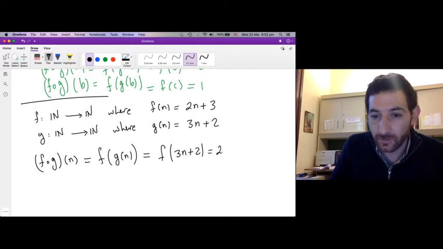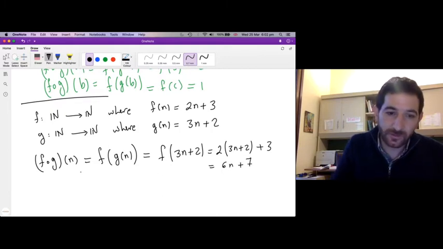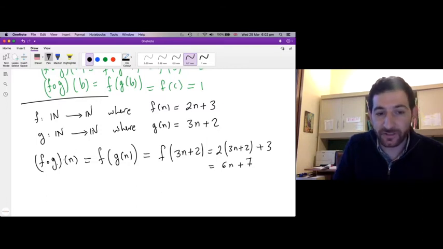So it will be 2 times the input, which is 3n plus 2, plus 3. So this is 6n plus 7. This is the composition of f after g. It takes a natural number n as an input and produces 6n plus 7 as an output.